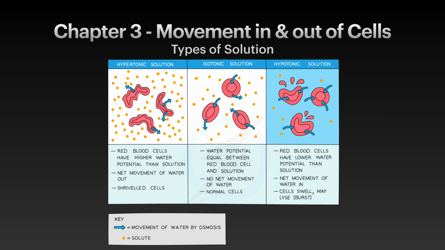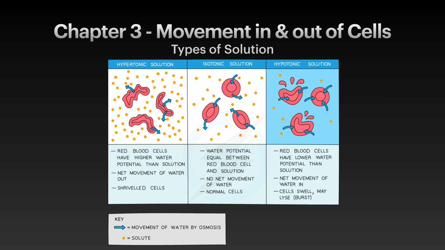Now let's look at how osmosis occurs in animal cells. Animal cells don't have a cell wall, so osmosis affects them more dramatically. When animal cells are kept in pure water, the water molecules move into the cell. The cell swells. Without a cell wall to provide structure, the cell eventually bursts.